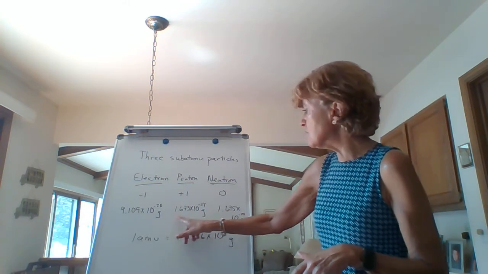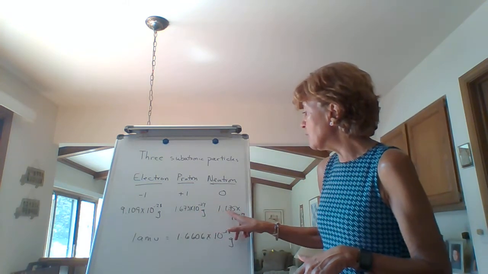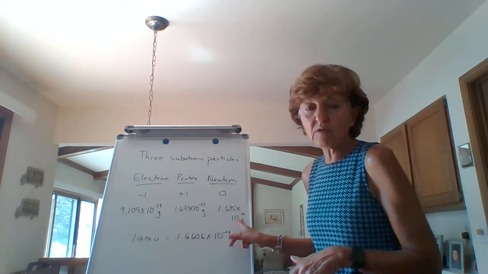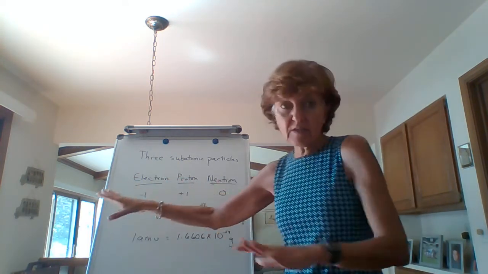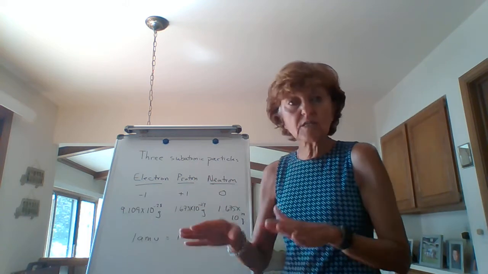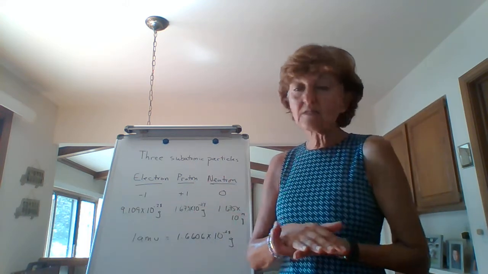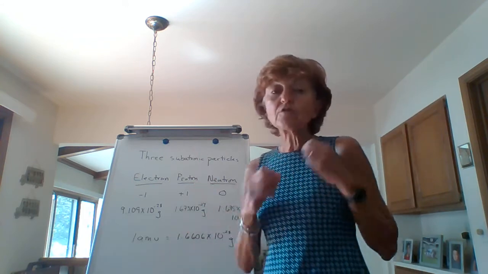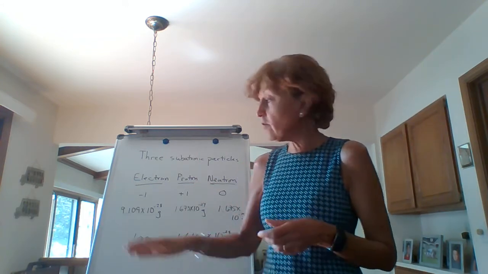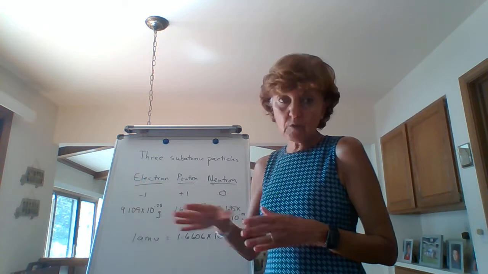And notice a neutron is very similar to a proton, 1.675 times 10 to the minus 24 also. So all very tiny masses, but relatively speaking, protons and neutrons have equal masses, and they are around 2,000 times heavier than an electron. Okay?